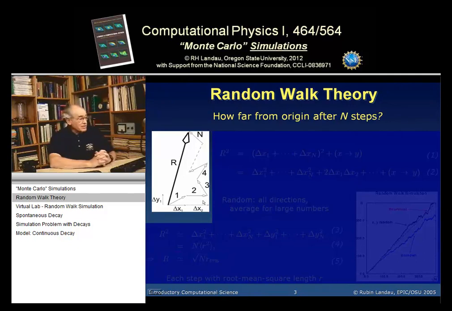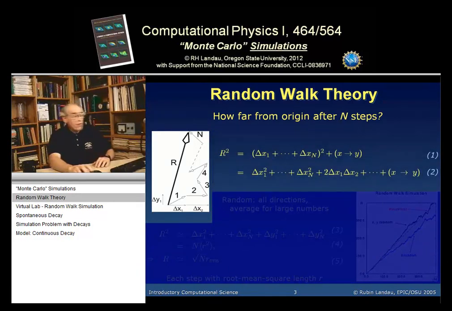And what's obvious here, if you look at the diagram, is that after N steps, all of the x displacements add together algebraically. They can be positive or negative, but for any one walk of N steps, they're not going to average to 0, they'll average to some number. And all the components of the steps in the y direction add together, algebraically or vectorially. So we're just doing a vector sum.